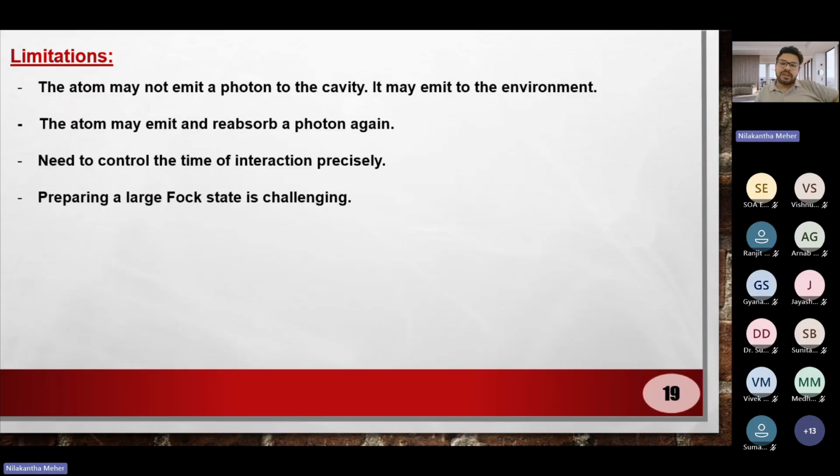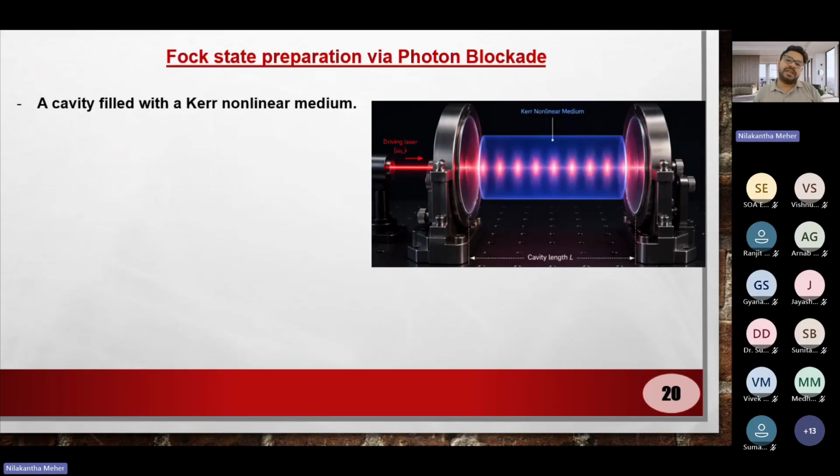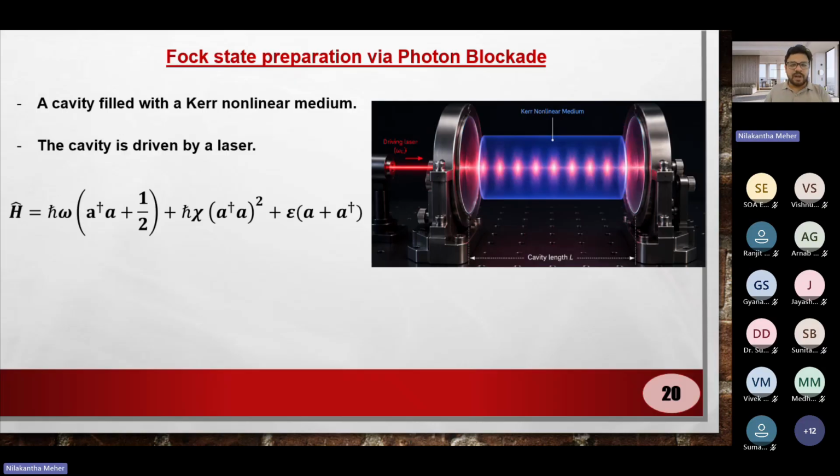Of course, if these are the limitations, then preparing a large Fock state is really challenging. Now let us go to how we can prepare these Fock states via something called photon blockade. For this, we need a cavity containing a Kerr nonlinear medium. A Kerr medium is an intensity dependent medium, and the cavity is driven by a laser of frequency omega L. This is the Hamiltonian.